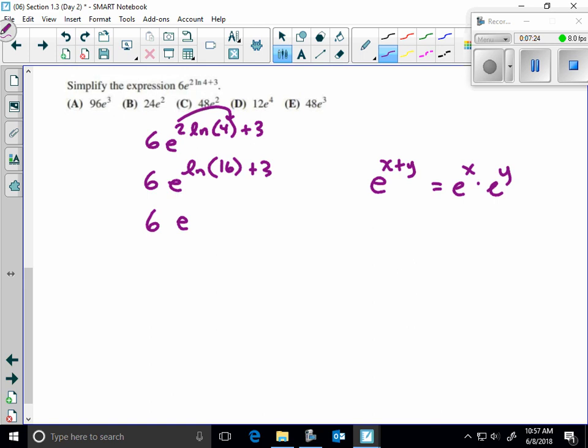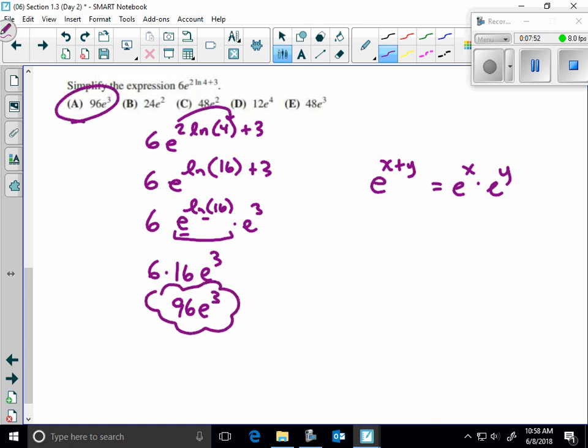So if I have e to the ln of 16 plus 3, that's the same as e to the ln of 16 times e to the 3. Now this is another property embedded right here. This base e is the same as the base of the logarithm, so this would reduce to 16. And 16 times 6, I believe, is 96. Let's see if we got a possible answer here. Yep, we got a match. Looks like our answer is A.